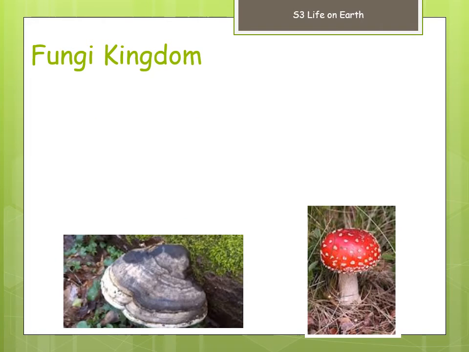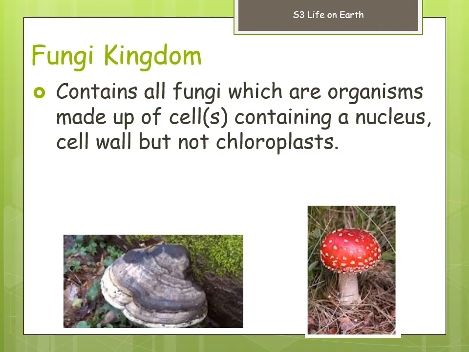Next up are fungi. They're quite strange. They can be single-celled organisms. One of the most common ones would be yeast, that you should be familiar with from making bread, maybe down in HE. They contain a nucleus, a cell wall, but no chloroplast. They can also be some of the biggest organisms on the planet. Things like you see here, toadstools, mushrooms, etc., they're only a very small part of the fungus that is growing.